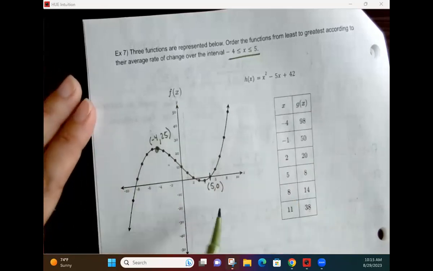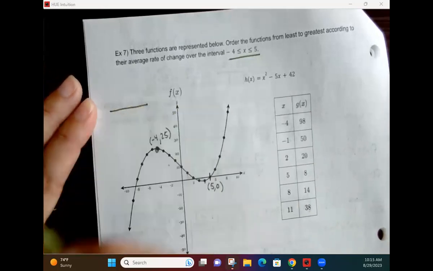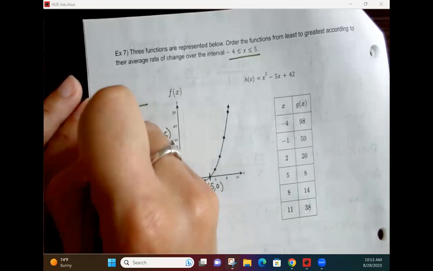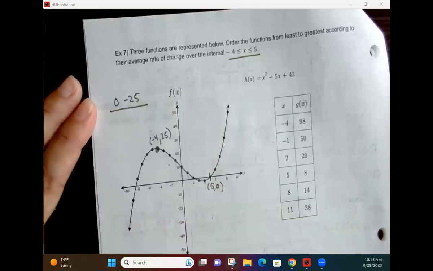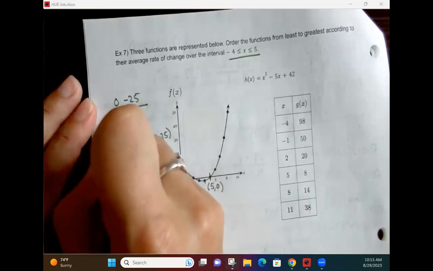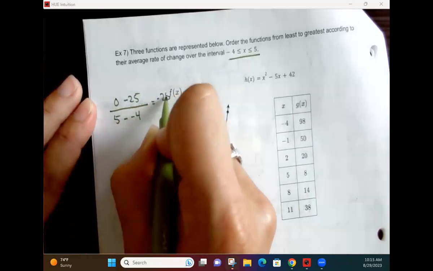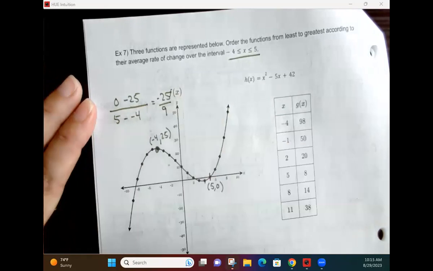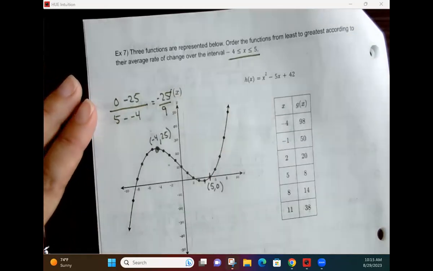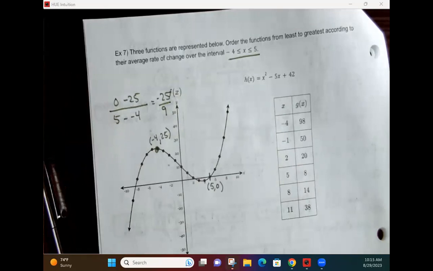So we'll find our average rate of change between those 2 points. That would be 0 minus 25 over 5 minus -4, so -25 over 9. That's between 2 and 3, closer to 3. We'll see how exact we need to be in just a second.